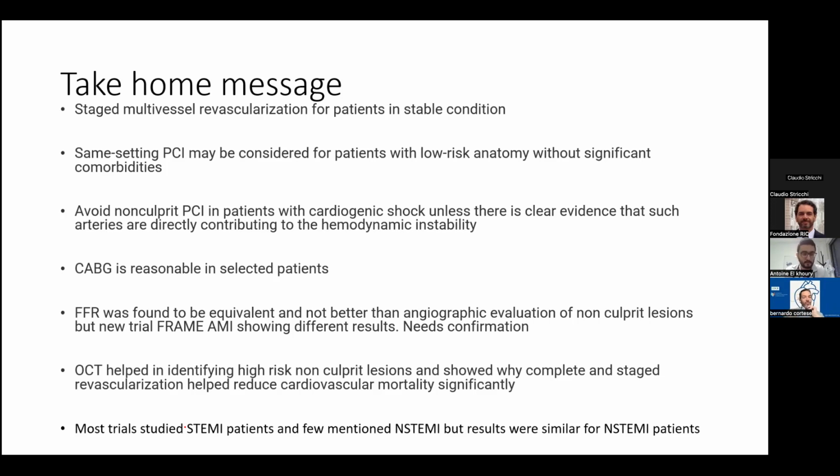But I have also to admit that there are new tools that will help and are helping, because they are already out. I'm aware of 2 of them, which are doing the same things that the FFR is doing without placing a wire in a coronary artery.